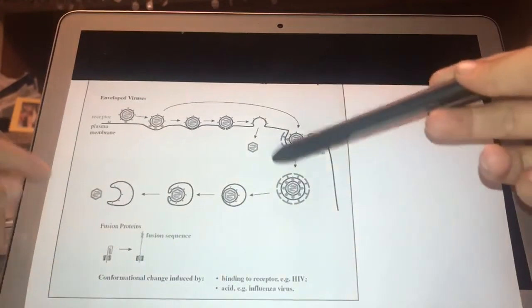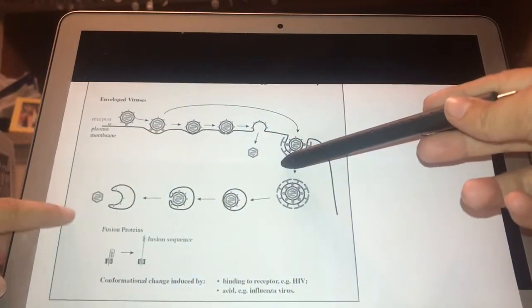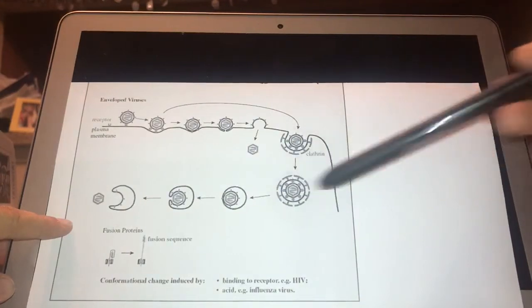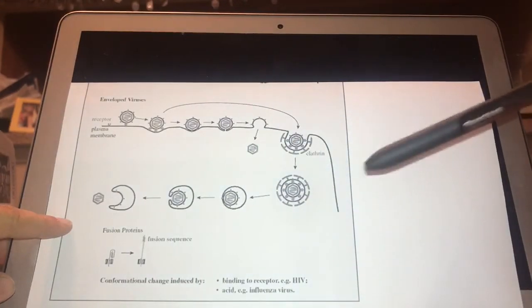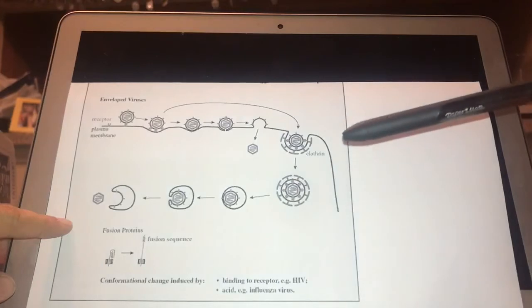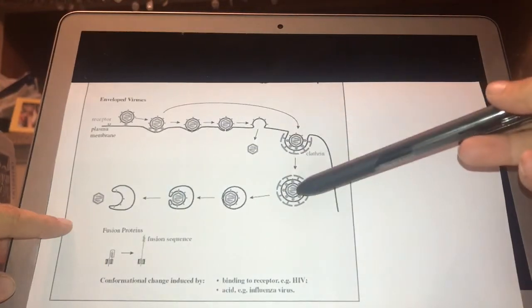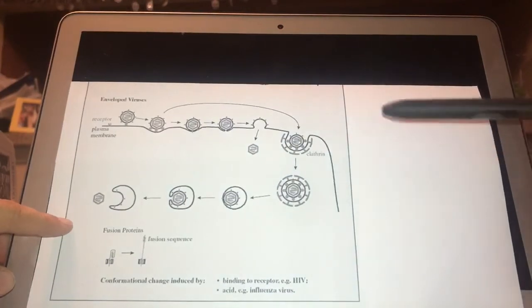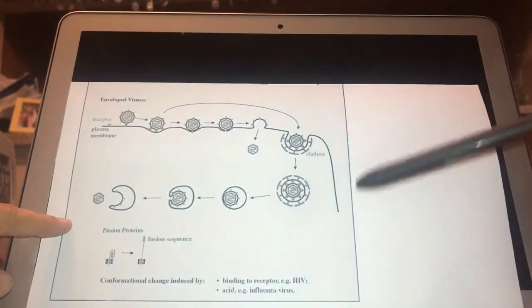Once that is inside of the host cell, then the capsid will release the viral genome, and the viral genome will interrupt either translation or transcription, depending on if it has DNA or RNA.